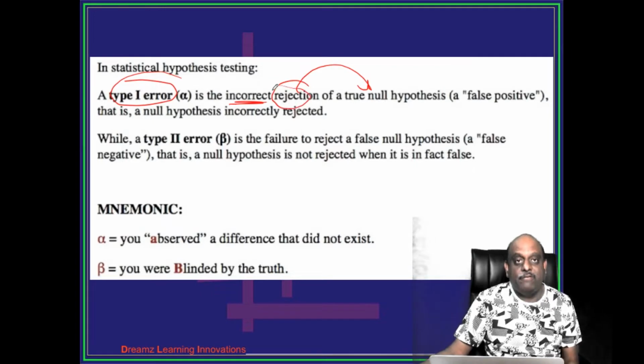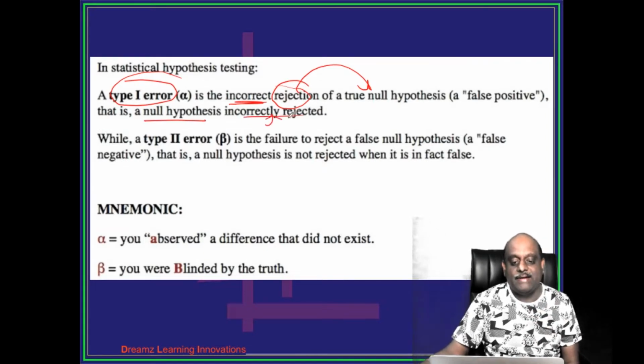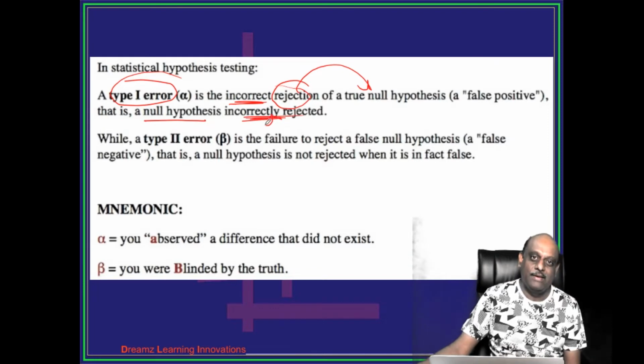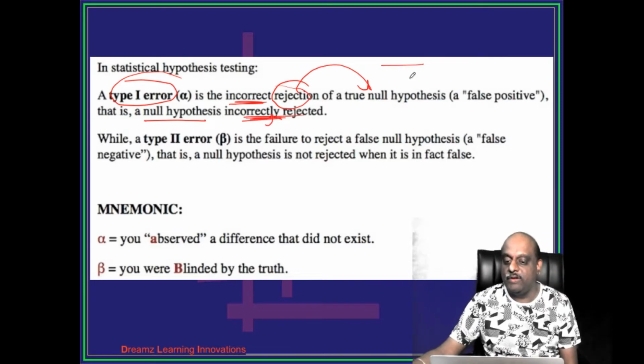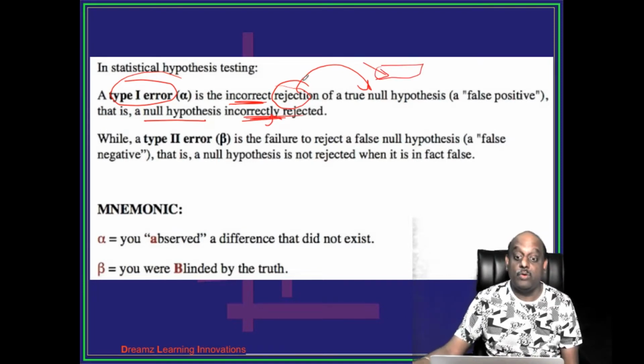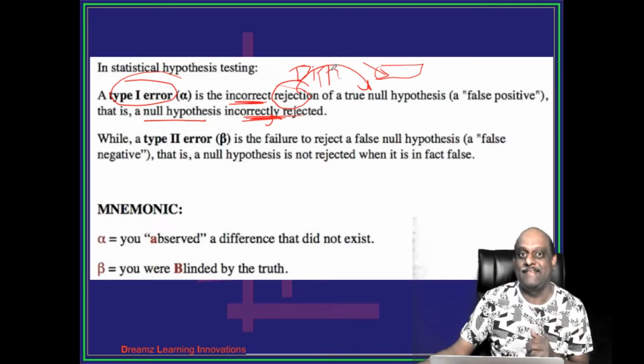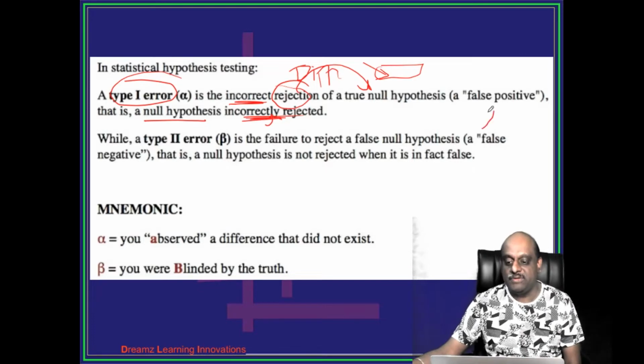That is, a null hypothesis is incorrectly rejected. The null hypothesis said there is no difference, but you concluded that there is a difference, but actually there is no difference. That is false positives.